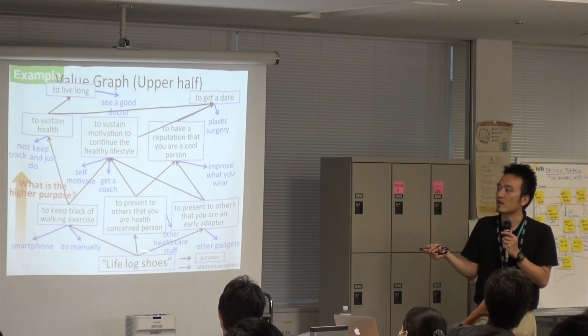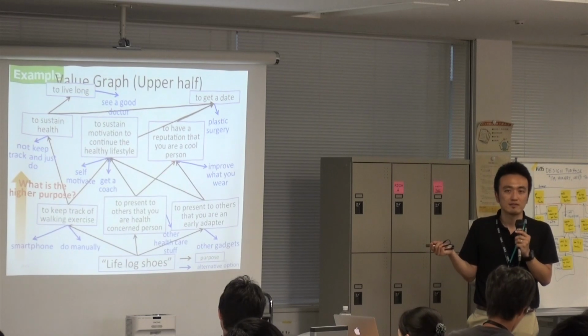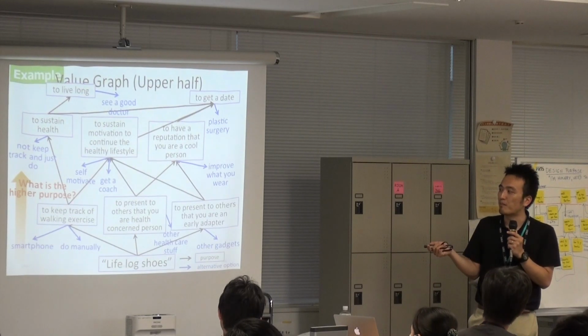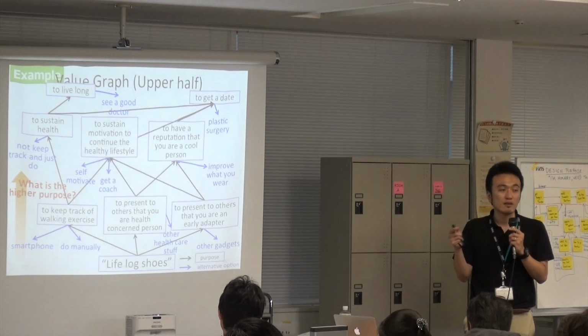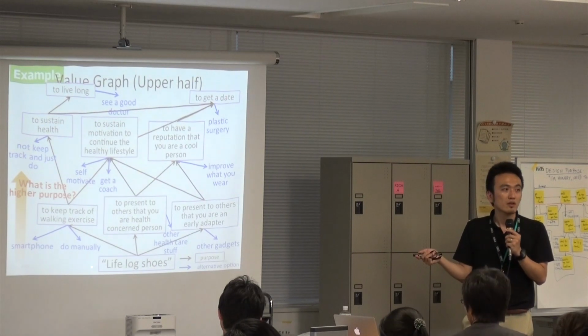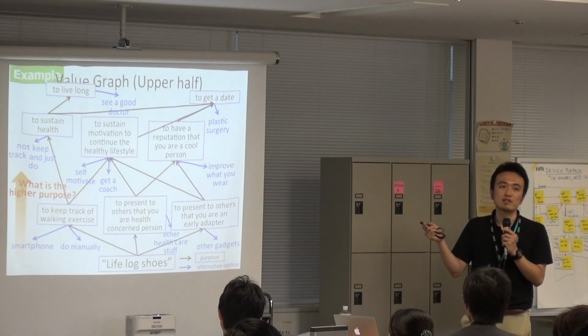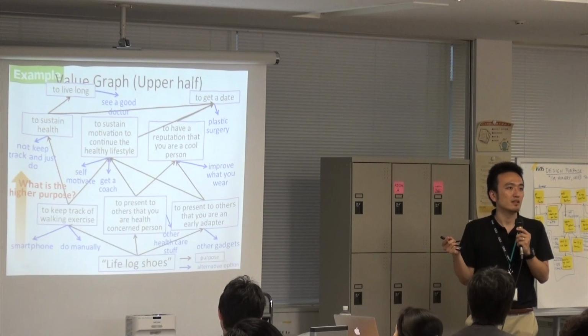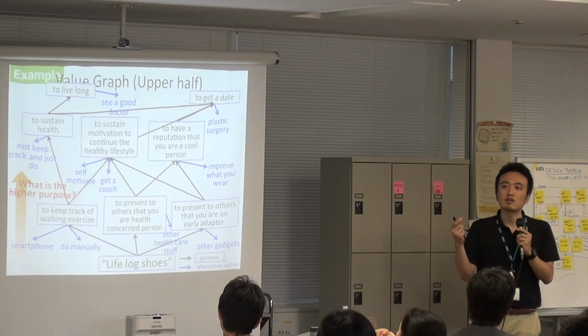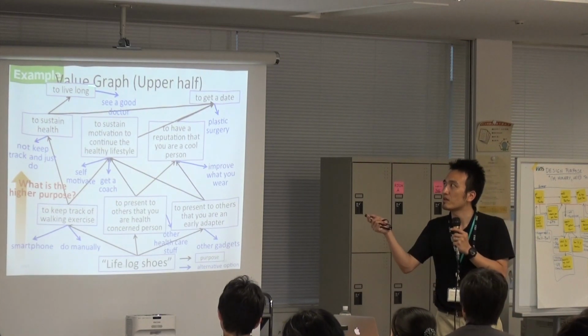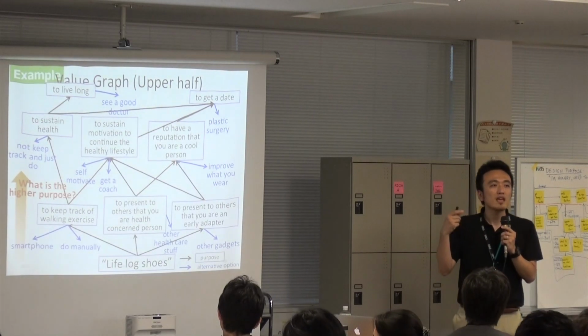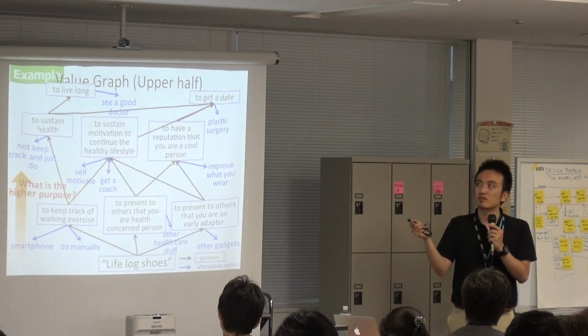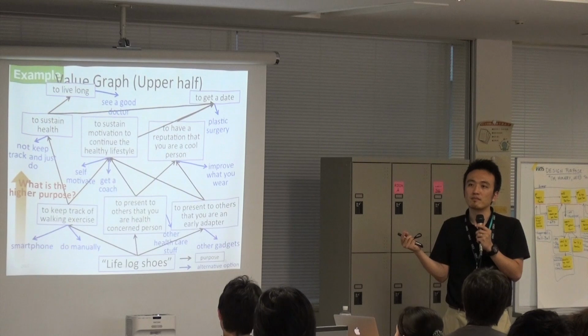And these alternatives are not just alternatives that mean nothing, but think about this. What if my lifelong shoe can collaborate with a good doctor? Yeah? It's not just a single product, but it collaborates closely with a good doctor. Then maybe I can attract more users who are concerned to live longer.